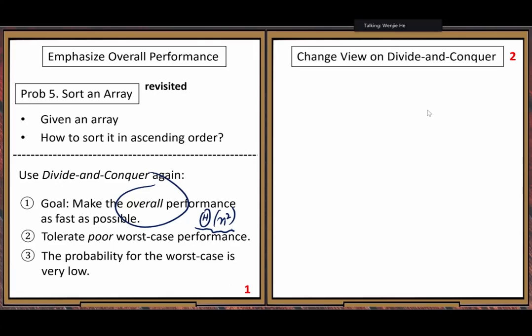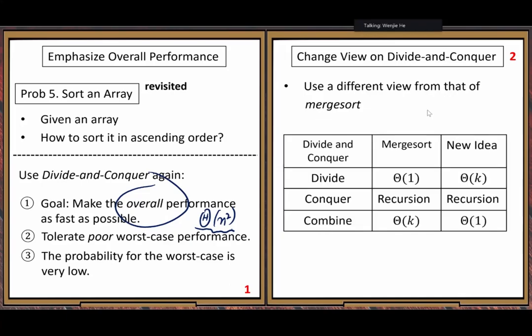All right. Now we need to change the view on divide and conquer. So let's do some comparison here. Compare it with a merge sort. For a merge sort, you can see the divide step is very fast. We just split our data right in the middle. That's our divide step.